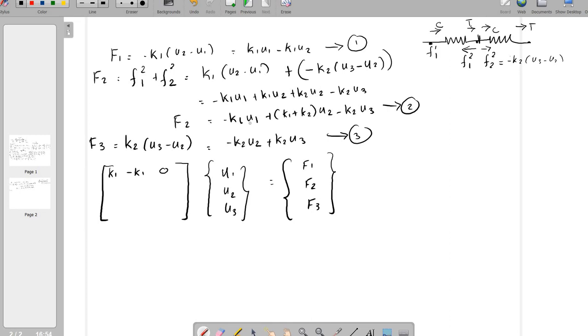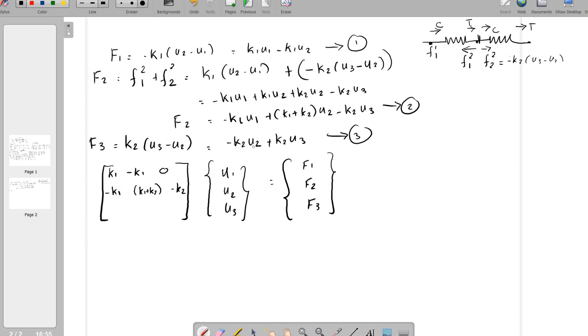For the second equation, all three components are available, U1, U2, U3. The coefficient of U1 is minus K1. The coefficient of U2 is K1 plus K2. The coefficient of U3 is minus K2. For the third node, consider equation 3.